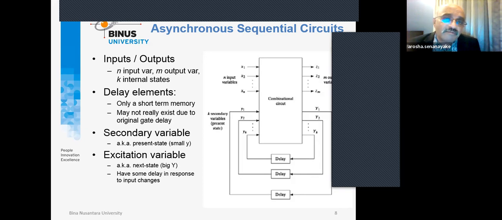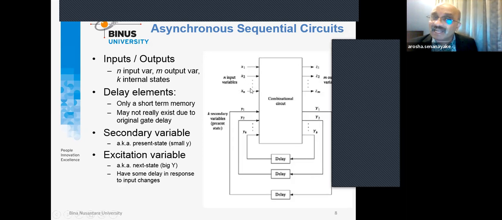As with combinational circuits, as you can see in this diagram, x1 to xn are the input variables and z1 to zm are the outputs. In the combinational circuit as such, no changes happen, but apart from the outputs we have some delay or storage.